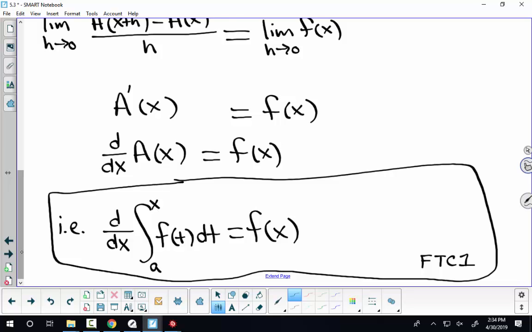So are there any questions on that? Now, particularly what we have here is the connection between the area and an antiderivative.